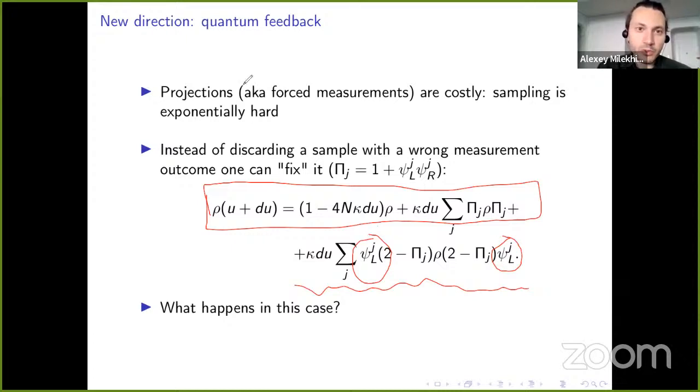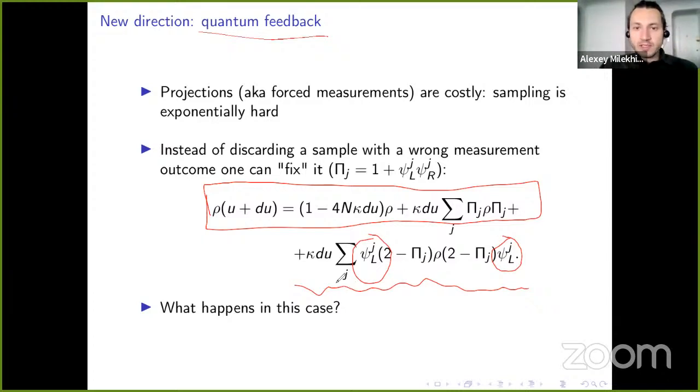People call it quantum feedback because what I do to the system depends on the measurement outcome. So if I end up in a minus 1 state, then I flip it to be in plus 1 by virtue of this extra psi left operator. And this rho doesn't have a tilde over it because in fact you can check that this evolution preserves trace.